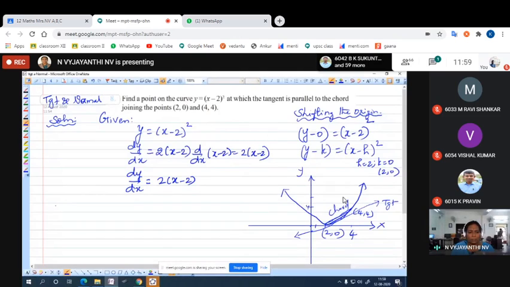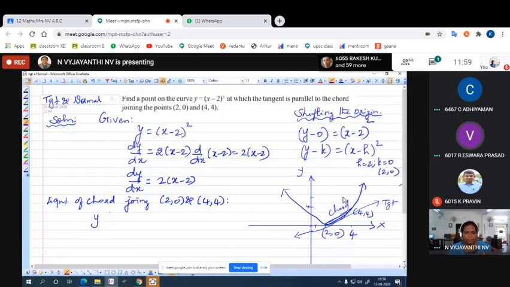Now, the equation of the chord joining (2, 0) and (4, 4). What is the equation of the line joining 2 points? y minus y naught equal to m into (x minus x naught).